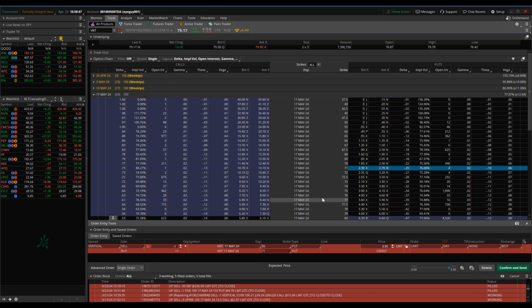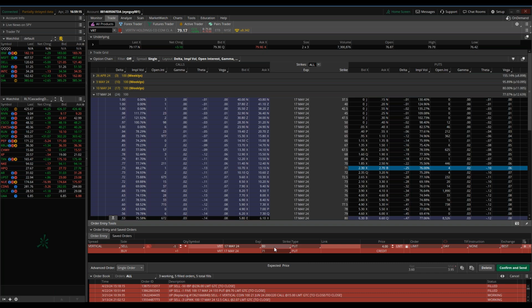Now I would set this at $4 because it's going to give us that. We're going to look for $4 of credit on a $9 wide. And that's a good trade because we're going to get close to 45% of the vertical width on that. And that's a really, really advantageous trade.